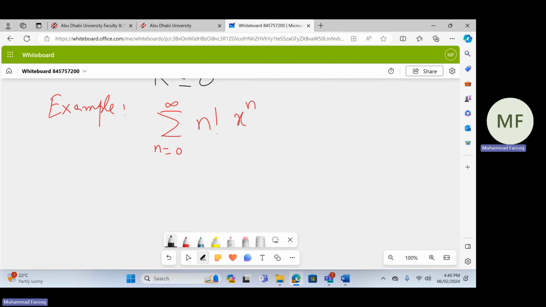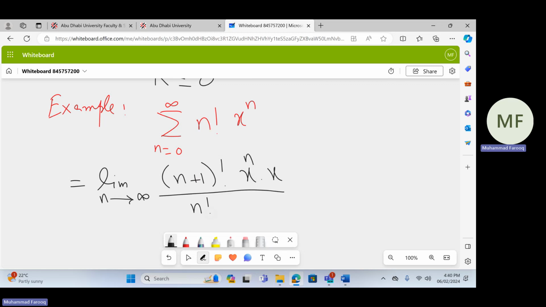Okay, good. If you don't mind, I can write here limit n to infinity. This is n plus 1 factorial x power n plus 1, divided by the previous term, which is n factorial times x power n, with absolute value. This I can expand until n.